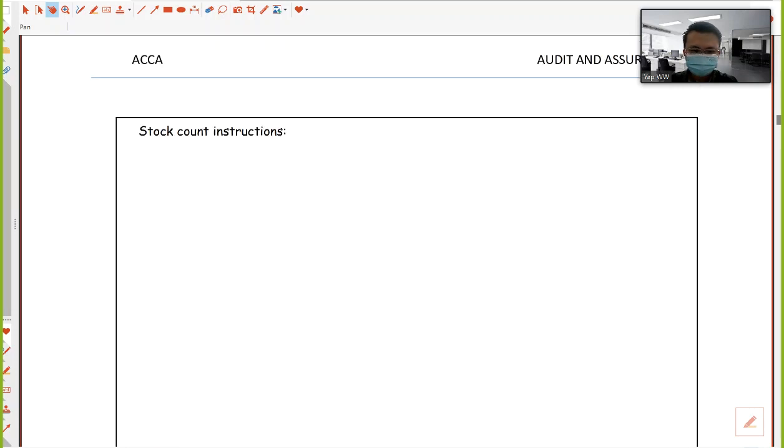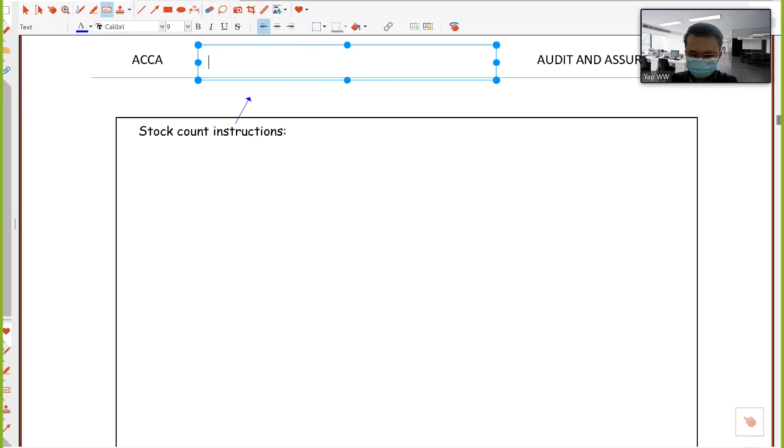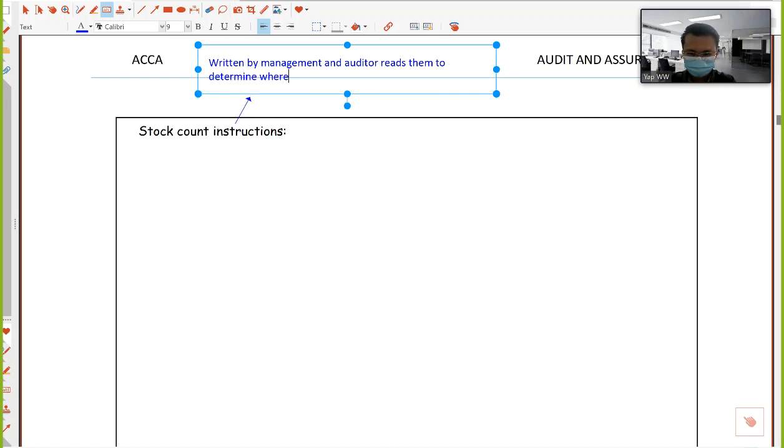Stock count instruction. This stock count instruction is written by management. Okay.